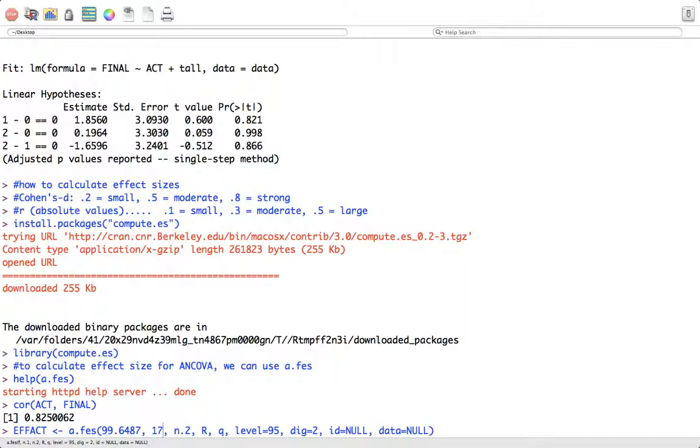So I had a balanced design there with 17 in each. My comparison group sample size was also 17. My correlation I just got was 0.825. And q is the number of covariates I had, which is just 1.